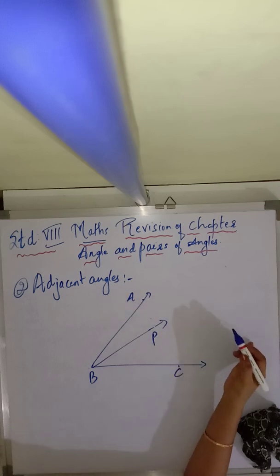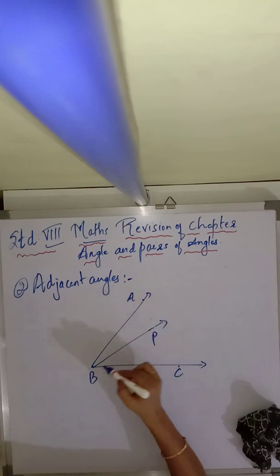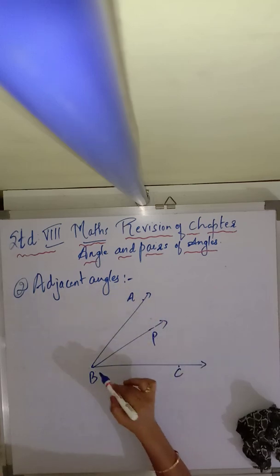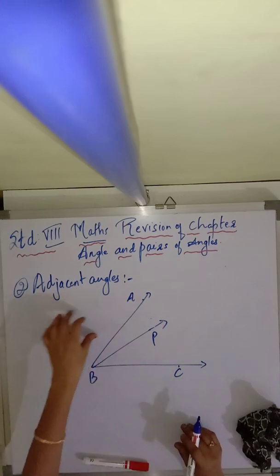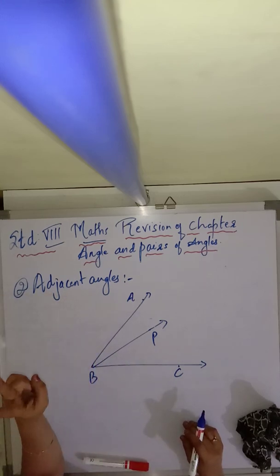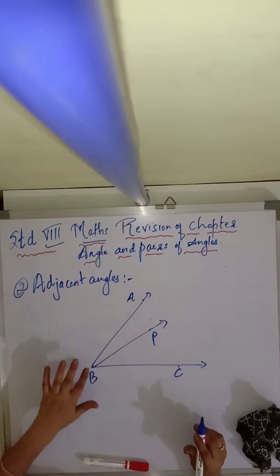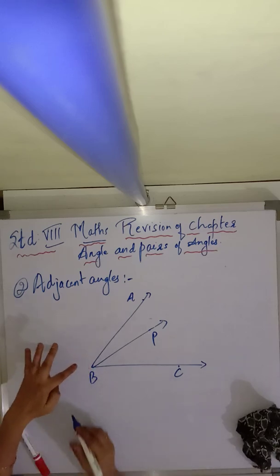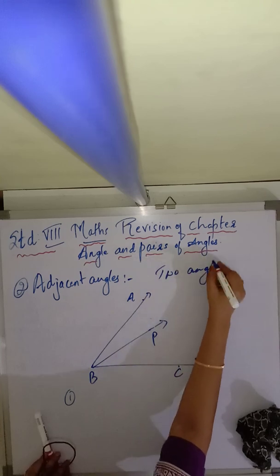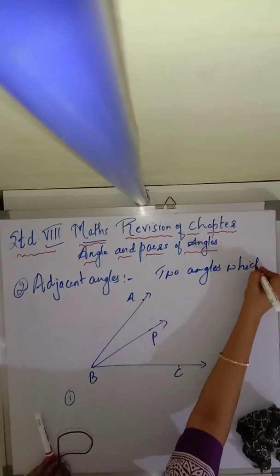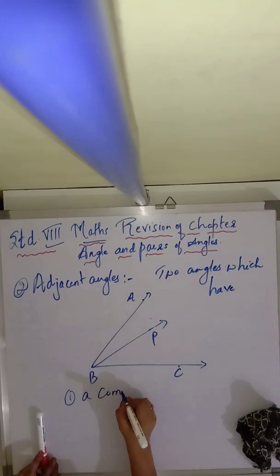Here you can see that this angle ABC is divided into two angles, angle ABP and angle BPC. So two angles. Now you can see what is meant by adjacent angles. Adjacent angles means two angles which have, first, a common vertex.